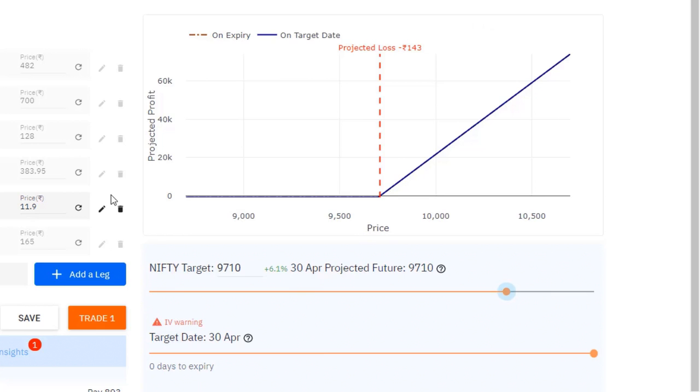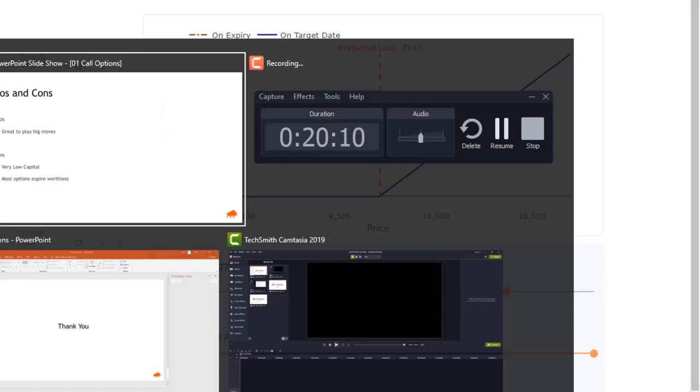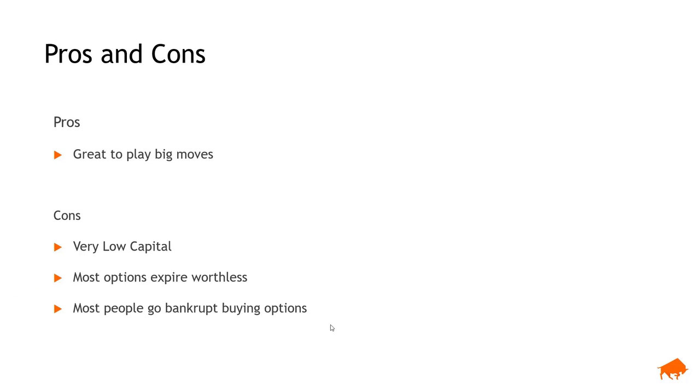But for 11 or 12 rupees, that is 12 into 75, it's a very cheap option, right? It's around 900 rupees in premium. It is very attractive to gamble with this, and therefore this low capital requirement makes it very dangerous, and it will most probably expire worthless. Most retail investors go bankrupt by buying options. So it's a great idea to stay away from these lottery ticket options.